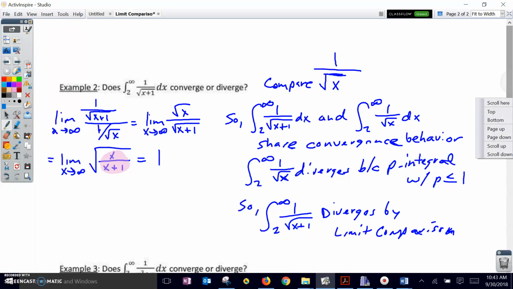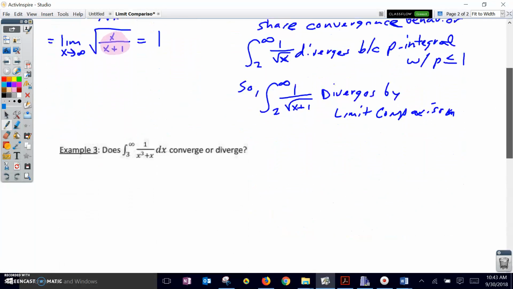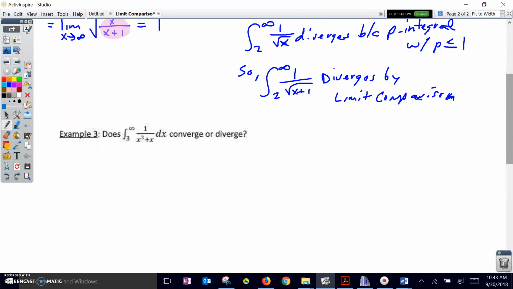Alright, move on to example 3. Does this integral converge or diverge? Compare it to 1 over x cubed. So the limit as x goes to infinity of 1 over x cubed plus x over 1 over x cubed.